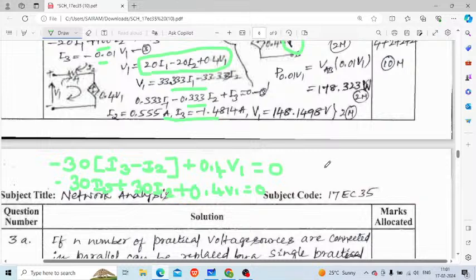So if you take minus 30 into minus 1.4814, do it in the calculator while I am saying it, okay? You are going to get 44.442, plus 30 I2. So what is 30 into 0.555? You are going to get 16.65.